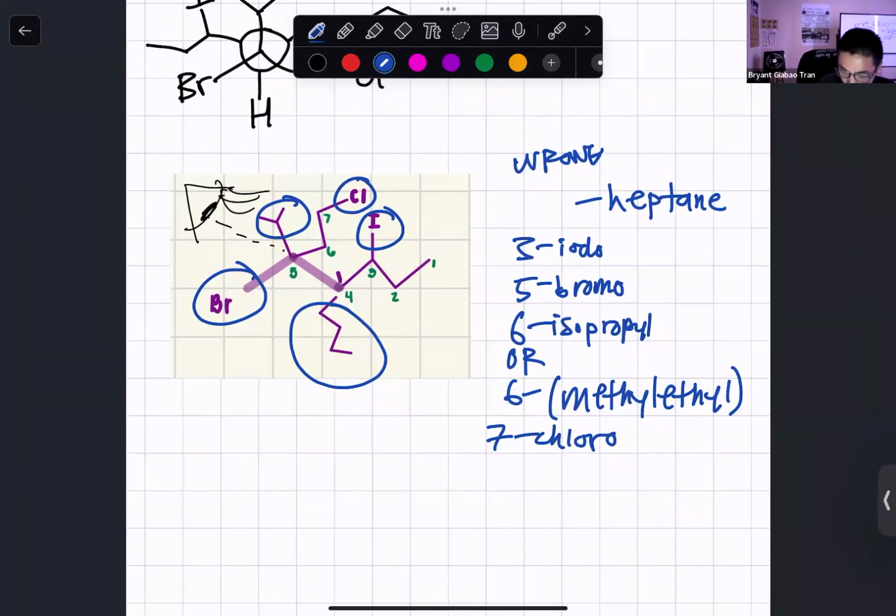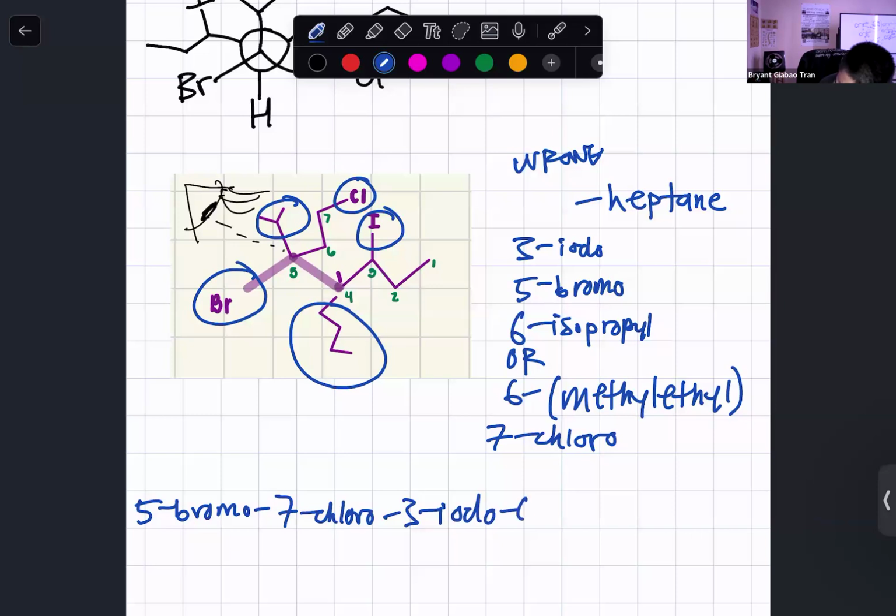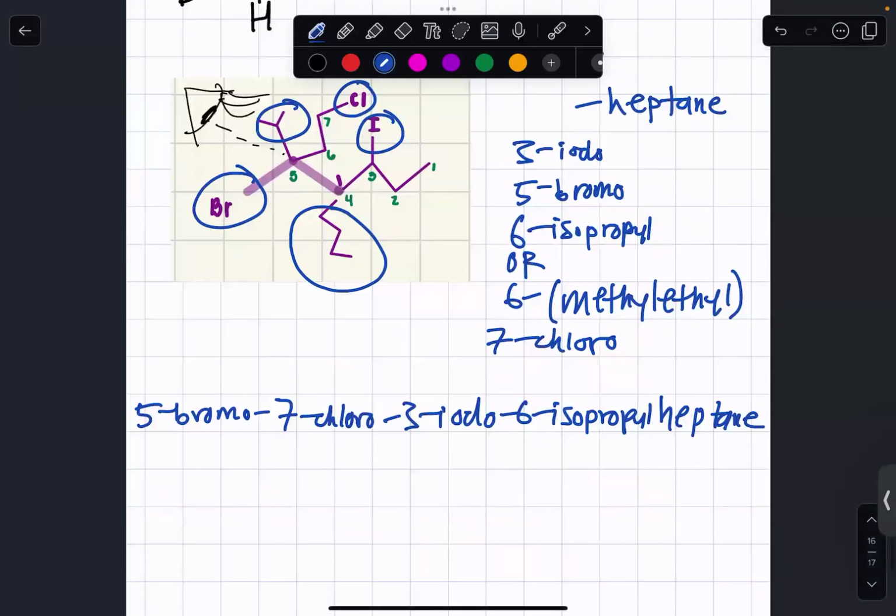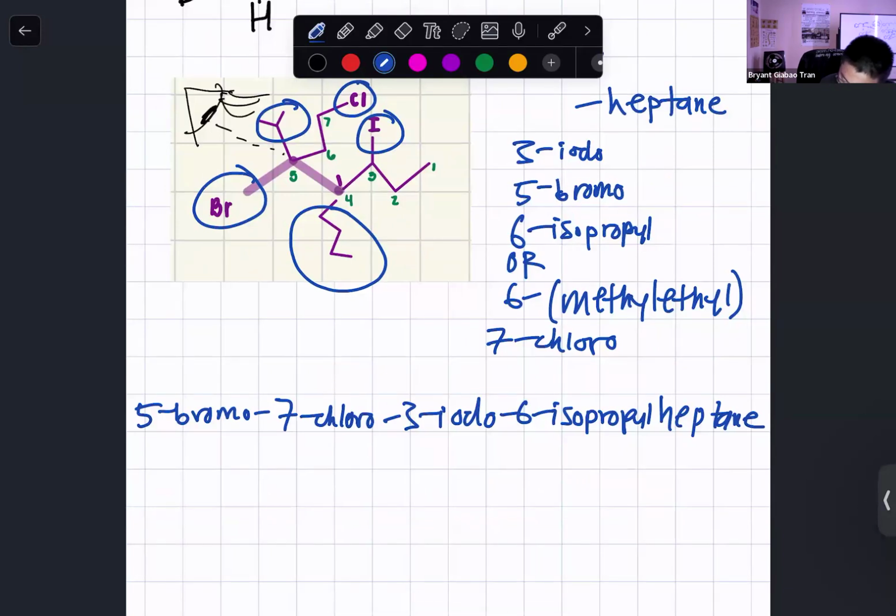I'm going to give you 2 names, the common name and then the IUPAC name. The common name is going to be 5 bromo, 7 chloro, 3 iodo, 6 isopropyl heptane. The IUPAC name is going to be 5 bromo, 7 chloro, 3 iodo, 6 (methylethyl) heptane.